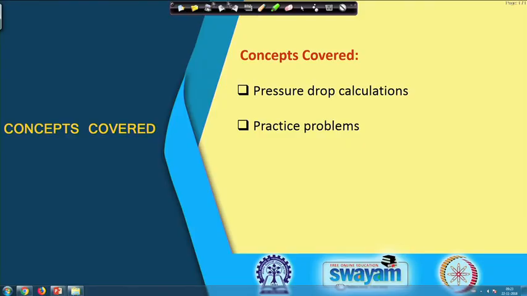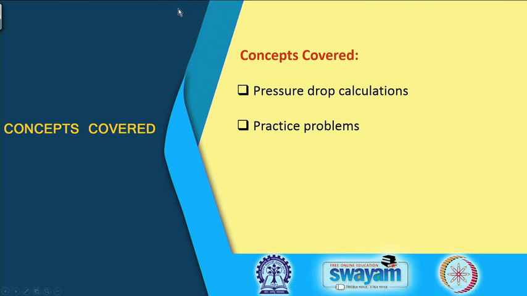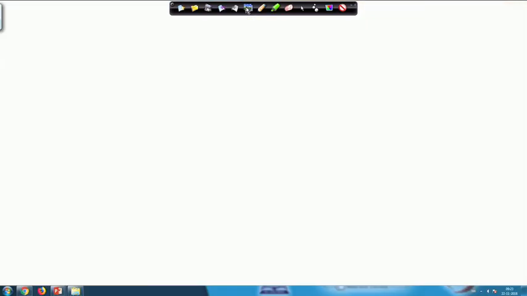When we first started, we said that I have the fan curve, I have the system impedance curve, and the point of intersection between the two is going to be the operating point. Remember, we had drawn something like this, right.